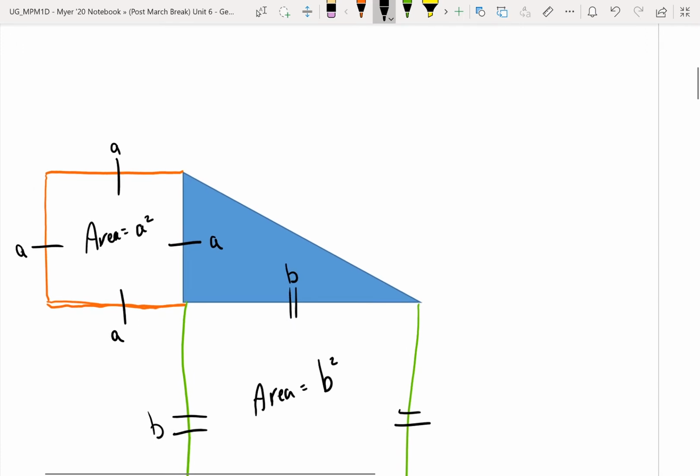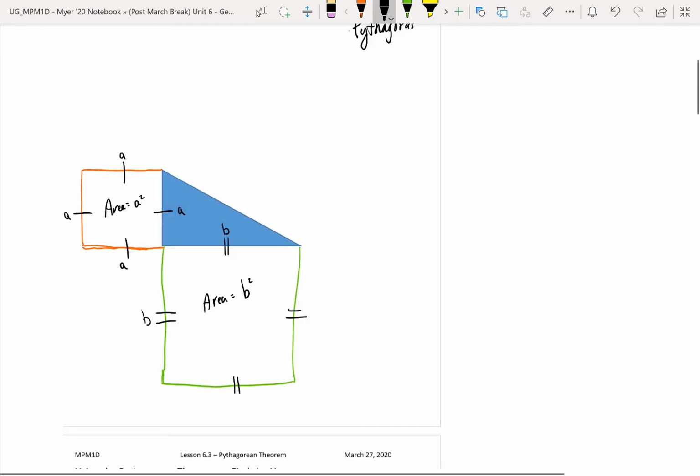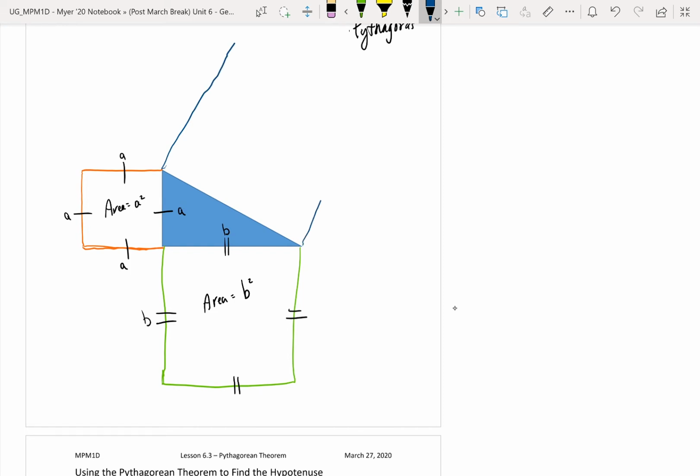And then we have our last one, which I'll go like this. All right, and then this one here, it's a slightly different length, but these are all going to be the same length. And this is side C. And there's side C there. So we could say the area of this is equal to C squared.